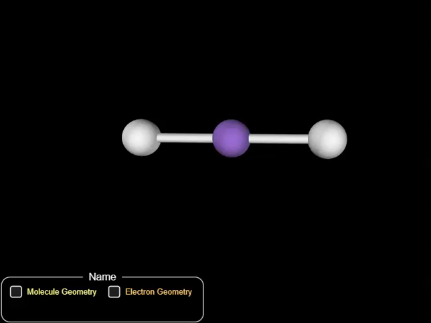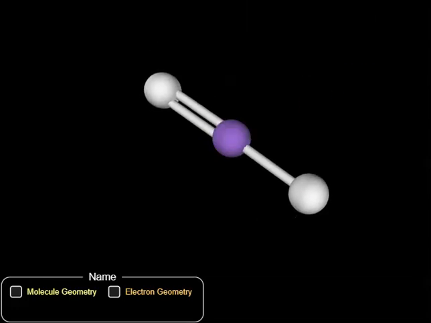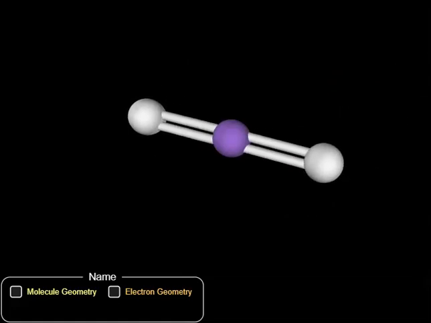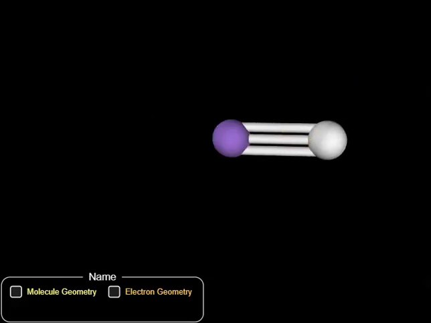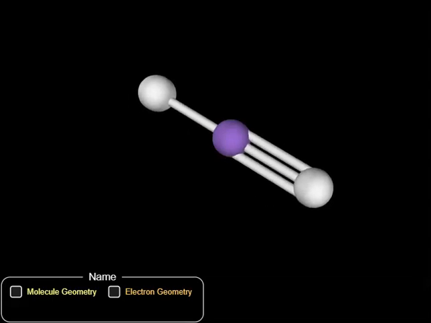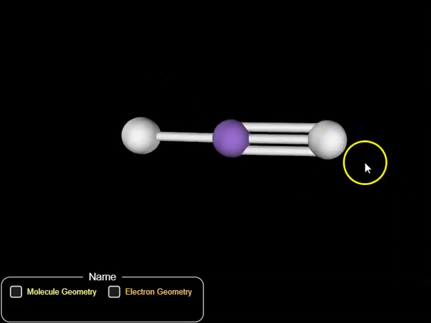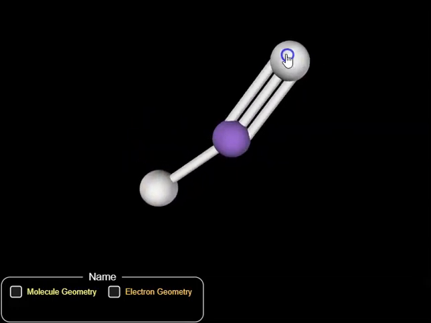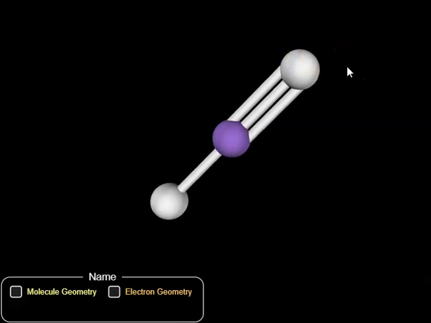And it doesn't matter whether we've got a double bond and a single bond, 2 double bonds, a single bond and a triple bond, which is what you might get in something like hydrogen cyanide. Doesn't matter. If you have only 2 pairs of electrons around that central atom, your shape is always going to be linear. Okay, 180 degree bond angles between the 2 bonds. Okay, so that's the easy one.